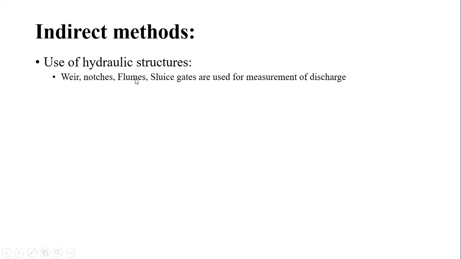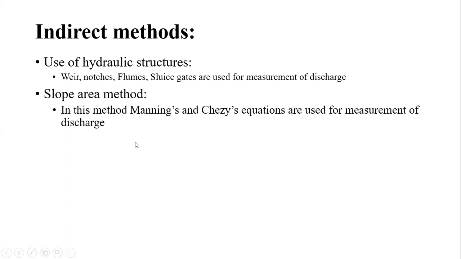Similarly, by using the notches and flumes, we are able to measure the discharge. Okay. Then the next method is the slope area method. The slope area method essentially uses Manning's and Chezy's equations, where the term of the bed slope is there.